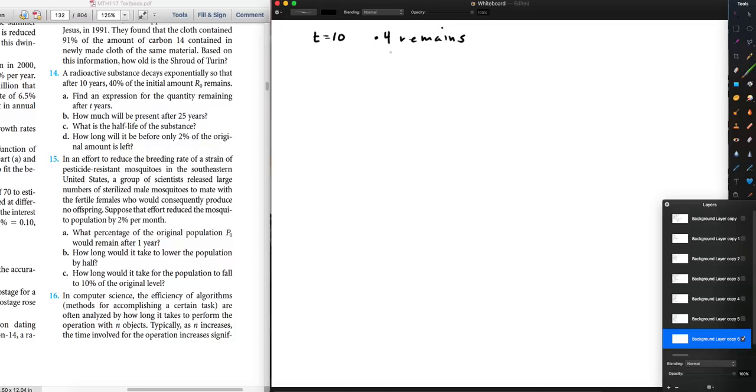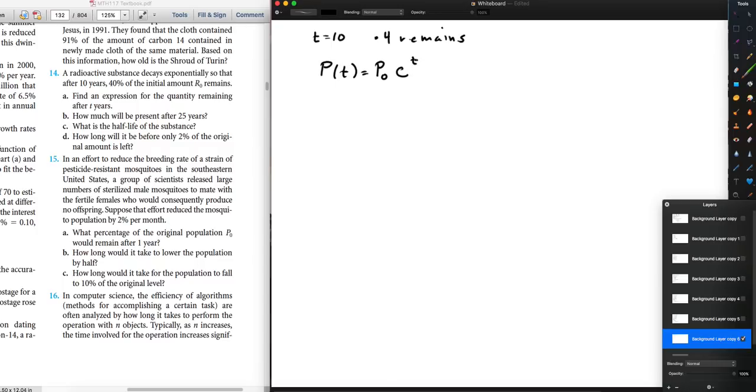What we need to find to make the equation is going to be C. When I write my equation out, P of t is P0 C to the t.